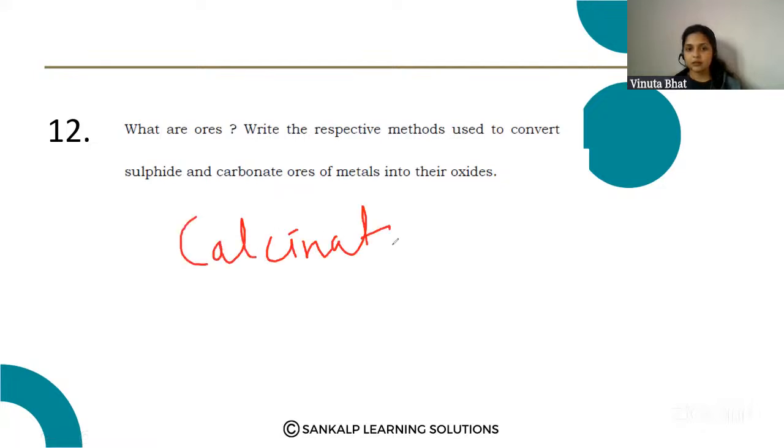Calcination and roasting. Note down the question.